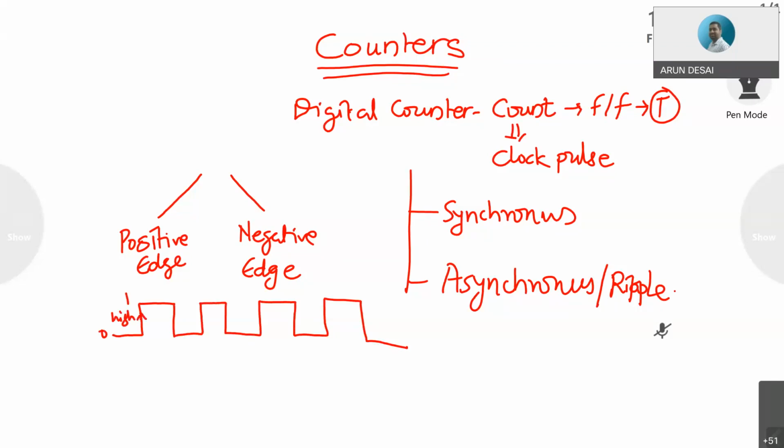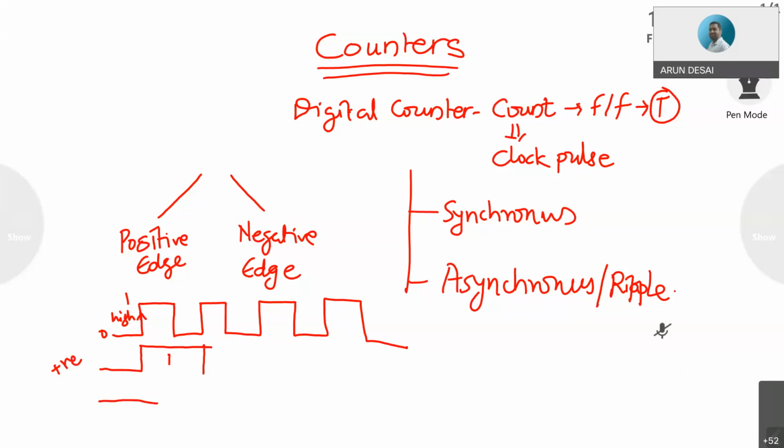Such types of counters are called positive edge triggered. That means it starts counting on this. If this is 1, it starts counting on the positive edge trigger. Such types of counters are called positive edge triggered counters.